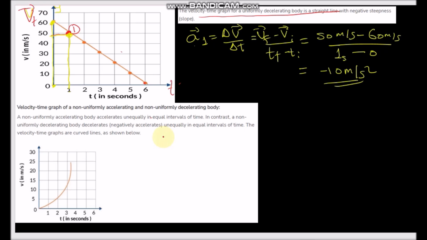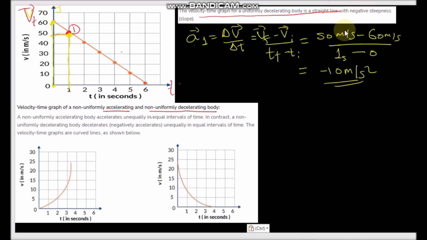Velocity time graph of a non-uniformly accelerated motion and non-uniformly decelerating motion. Here is the non-uniformly accelerated and non-uniformly decelerating.